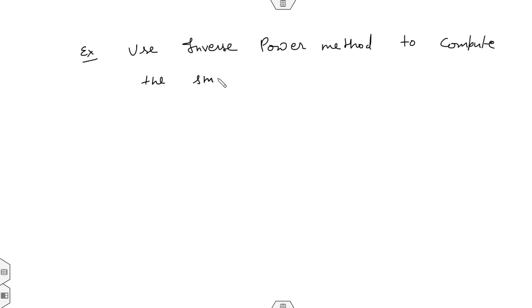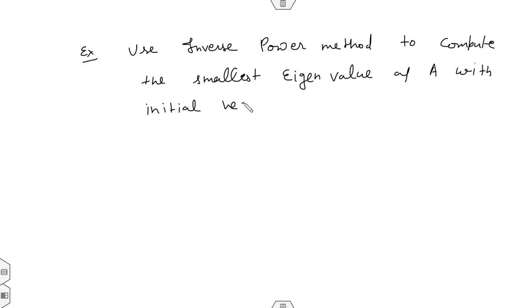Use the inverse power method to compute the smallest eigenvalue of the matrix A with initial vector 1 1 1, where the matrix A is [1 2 3; 0 1 4; 5 6 0].